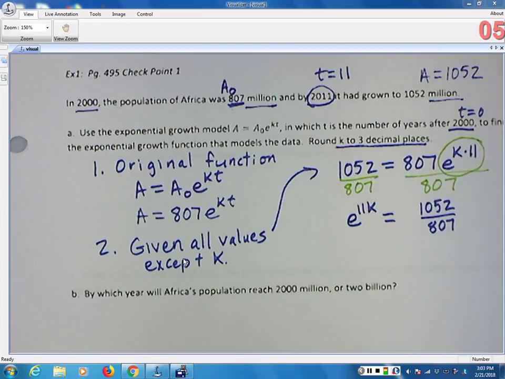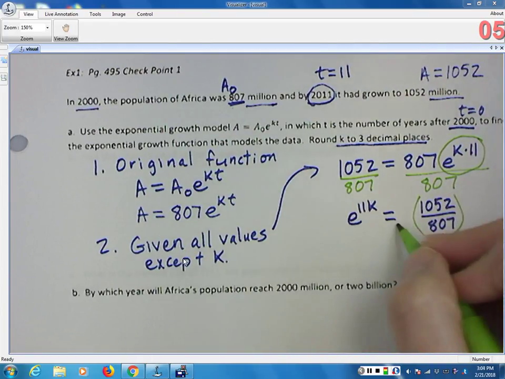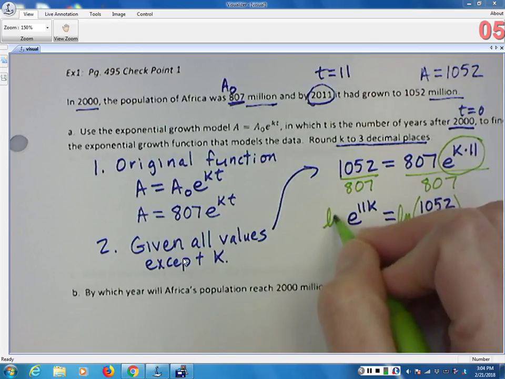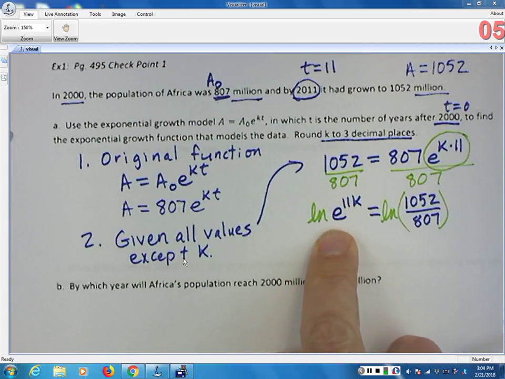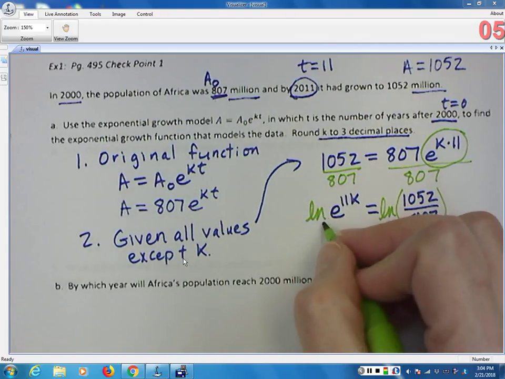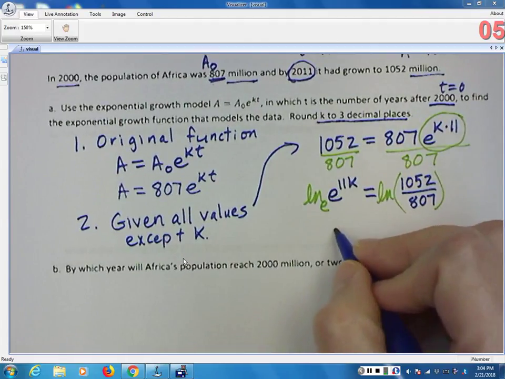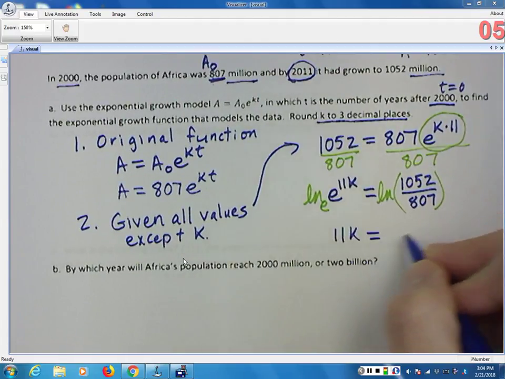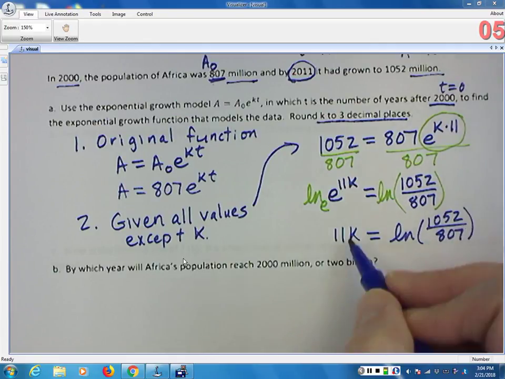So we got an e to the something equals this divided by that. We're going to take the natural log of both sides. We have a single exponential on the left, e to the something. Natural log will undo that, and then we get 11k equals natural log of 1052 divided by 807. And then divide by 11.